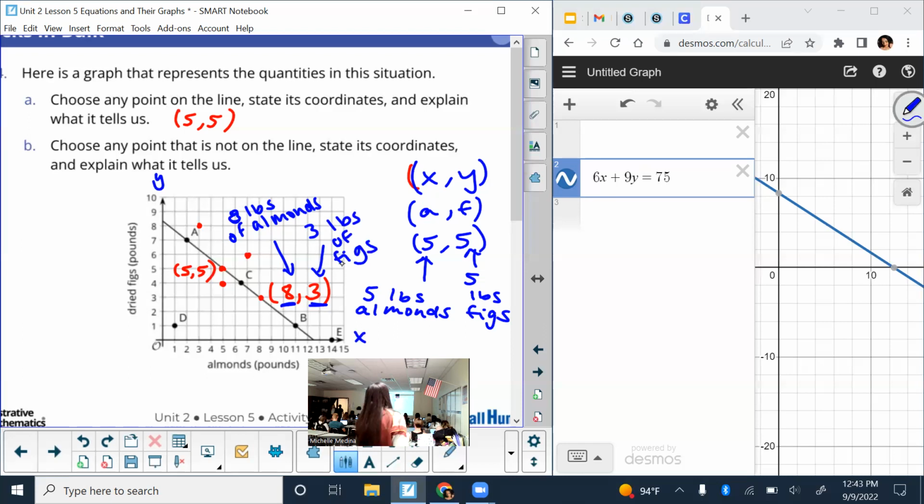So in other words, when it's on the line, do they make the equation true? Yes. So any point that is on the line is a... no. The equation is what we entered. Any points that are on the line, so any values for the variables, are not what I'm looking for.